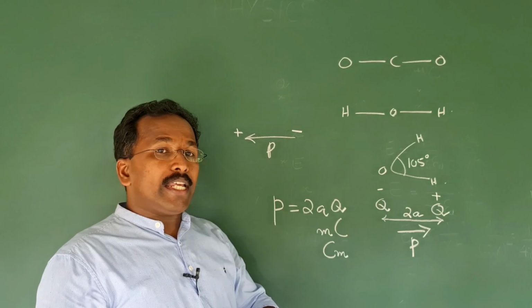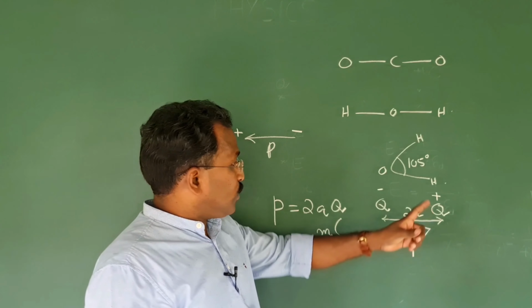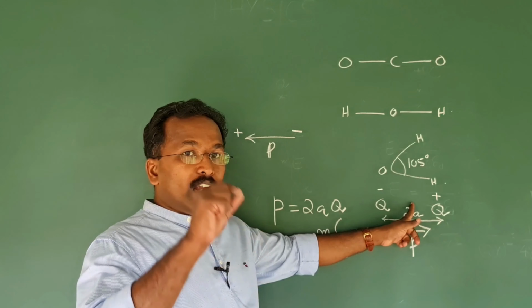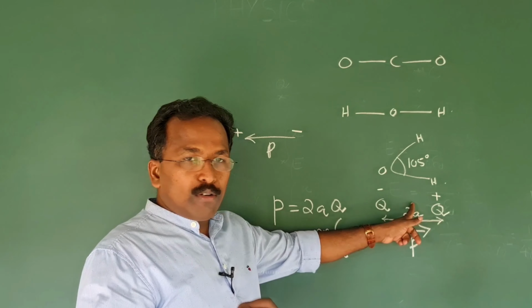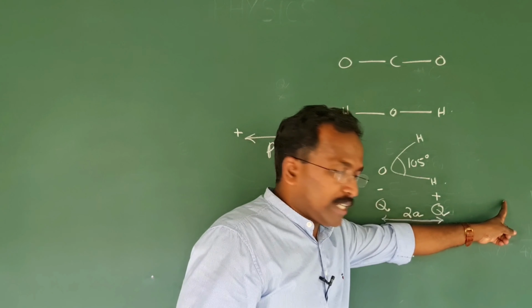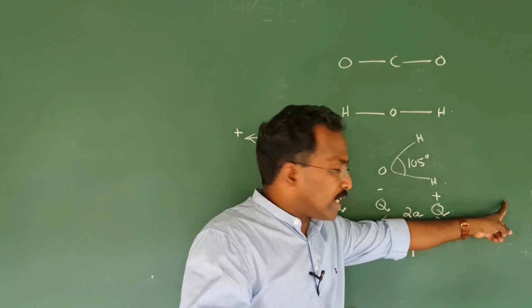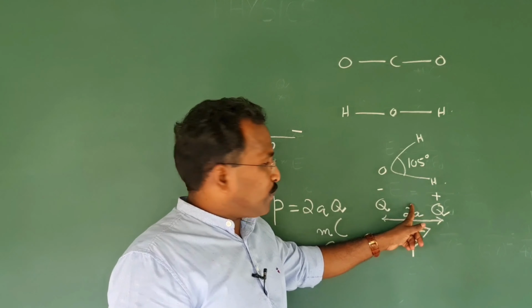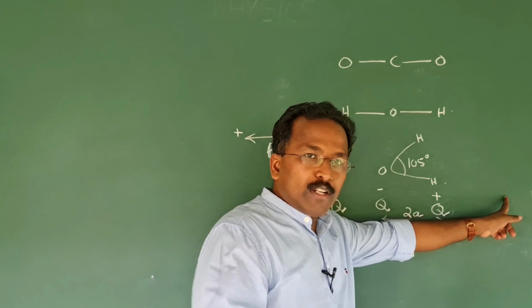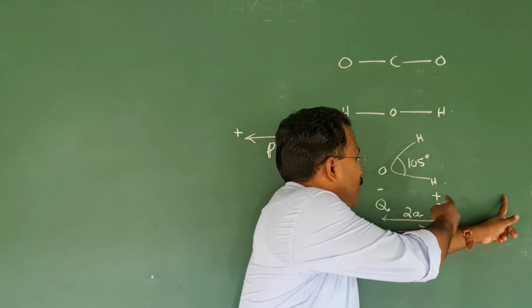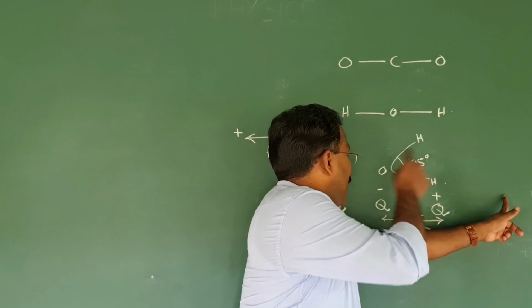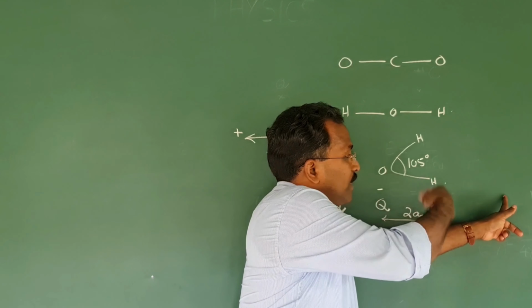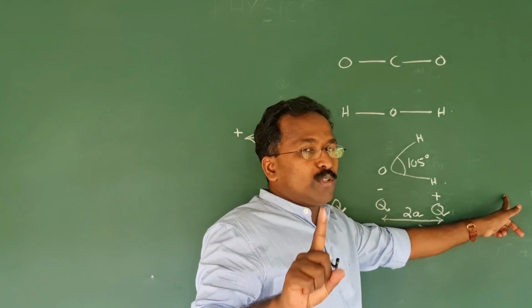Now, for understanding the electric field produced by this dipole, we calculate, for example at this point, how much electric field is there due to this electric dipole. We calculate the electric field at this point due to this positive charge and due to this negative charge, and we add them vectorially.